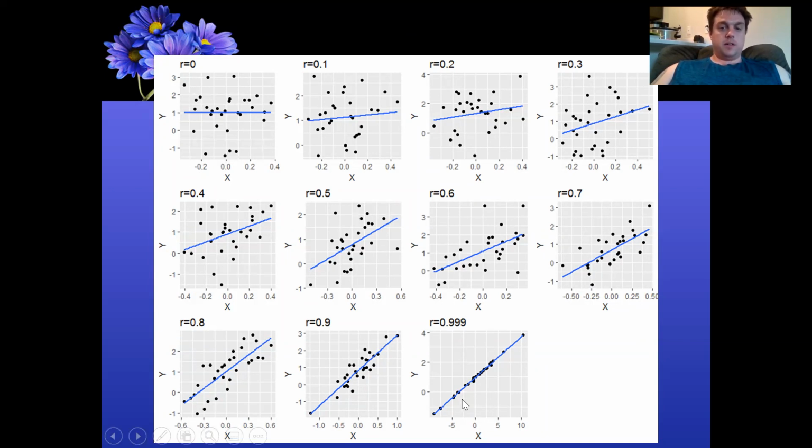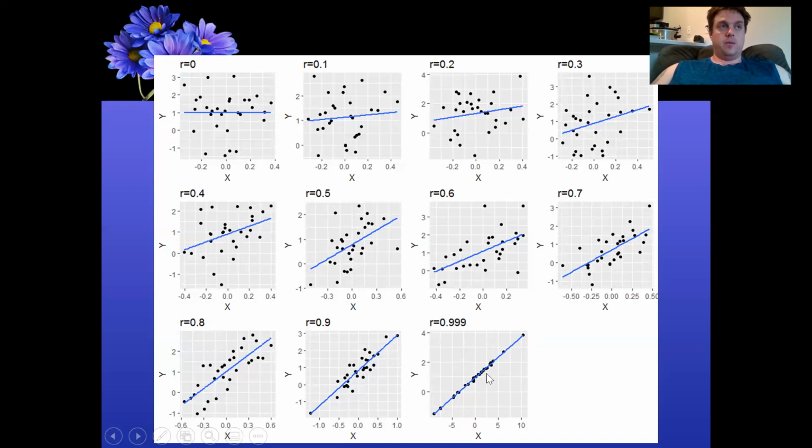Now, looking at the other end of the spectrum, this is a near perfect correlation. So as x goes up here, y goes up almost in an identical manner. Notice how these dots are all almost perfectly clustered around this line here. Okay, that would be an almost perfect correlation.